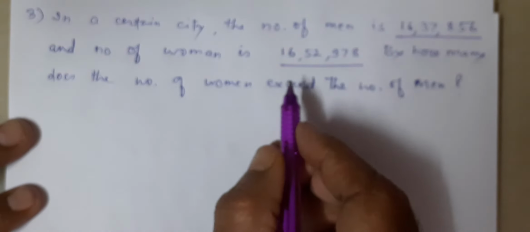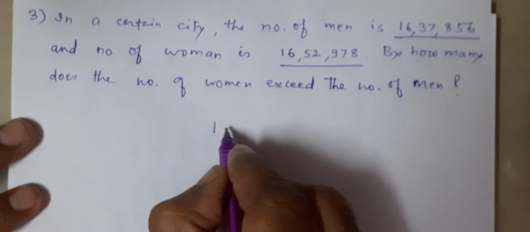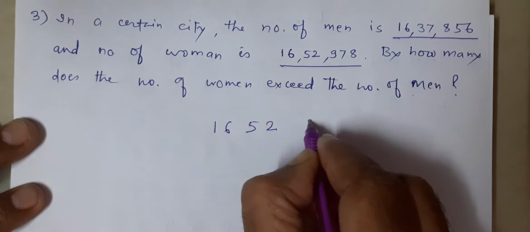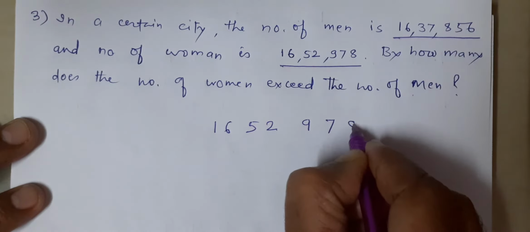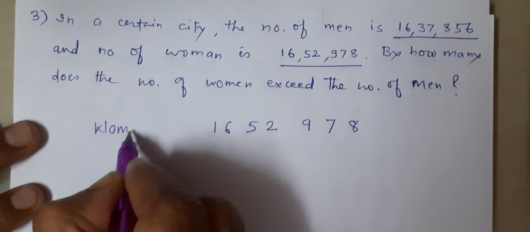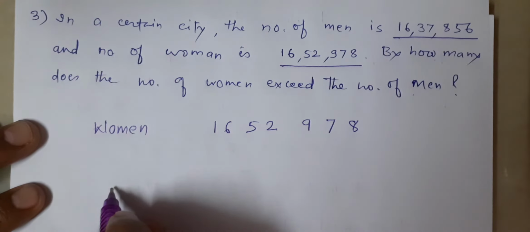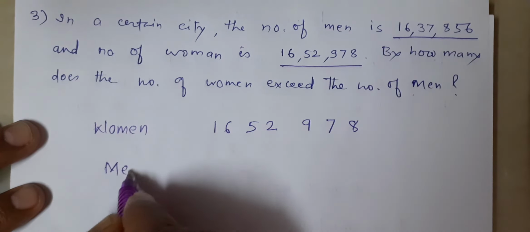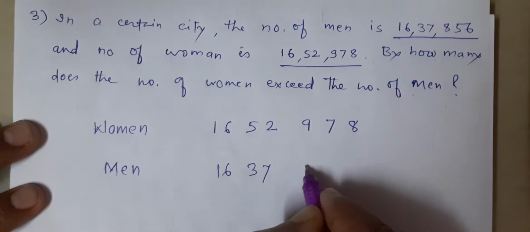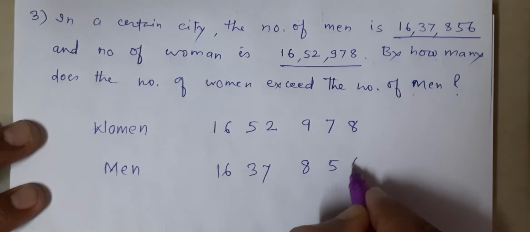So which quantity is greater? This 16 lakh 52,978, that is the women. And what is the quantity of the men? 16 lakh 37,856.